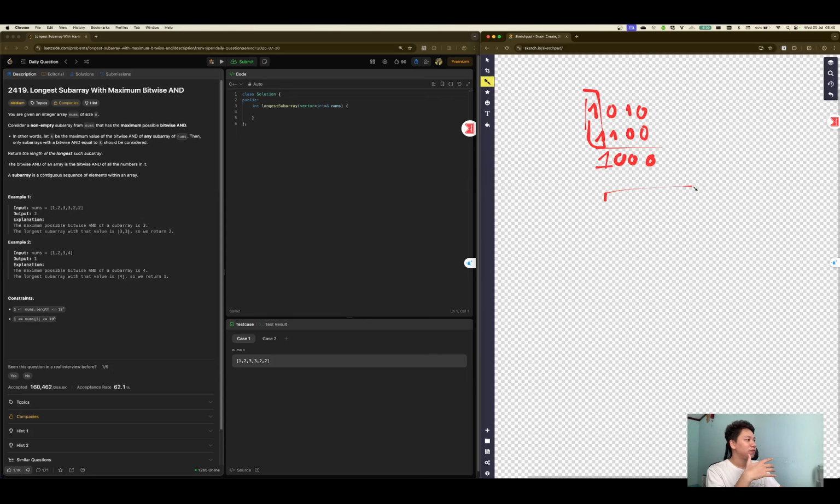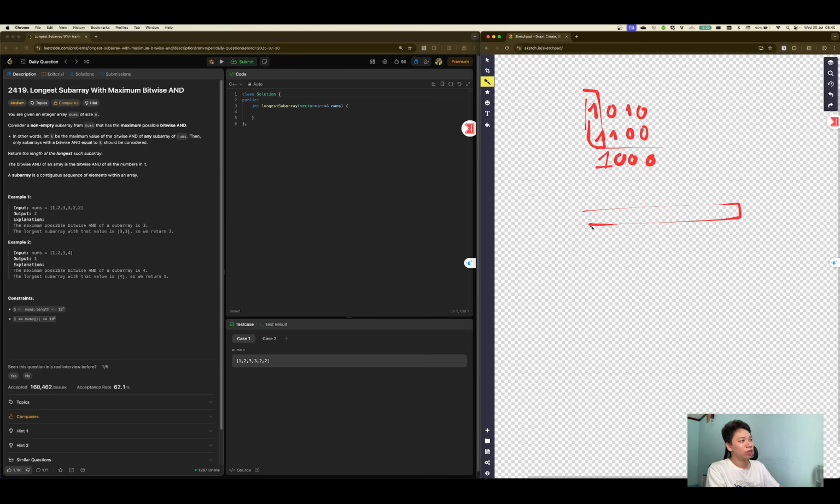So for a subarray, for example, I don't know the values, but consider one bit. If the first bit is set in every number, the AND keeps that bit as 1.